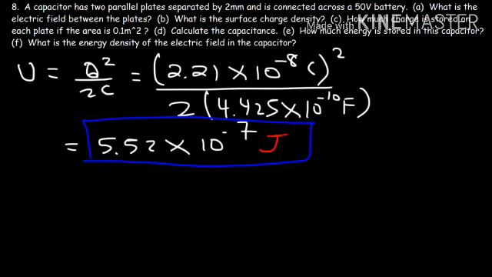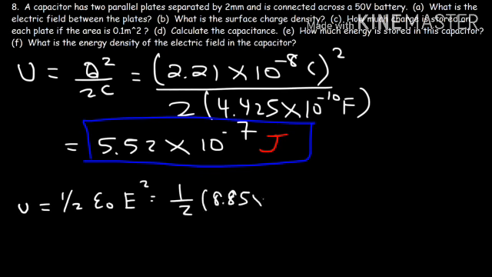Now the last thing that we need to do is calculate the energy density. The energy density, lowercase u, is 1/2 epsilon sub naught times E squared. So it's 1/2 times the permittivity of free space, which is 8.85 times 10 to the minus 12, times the square of the electric field.